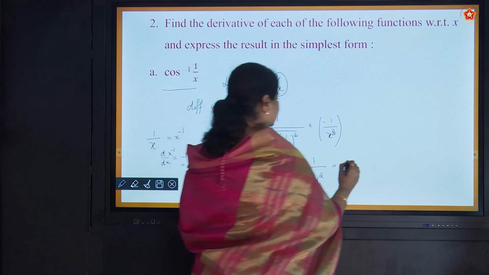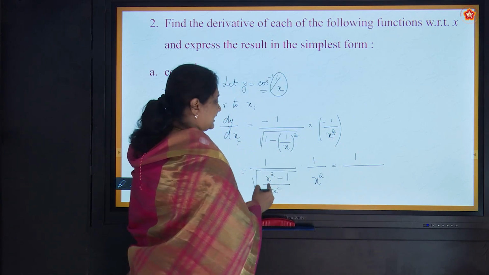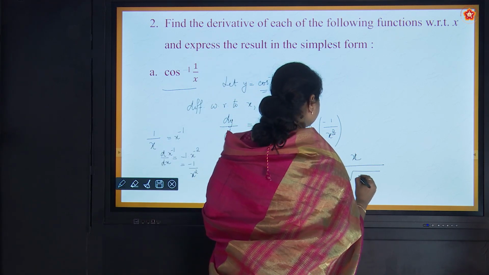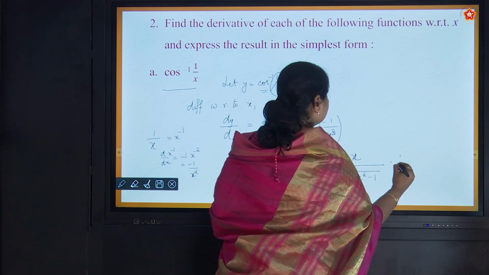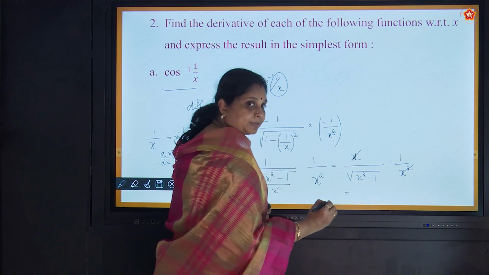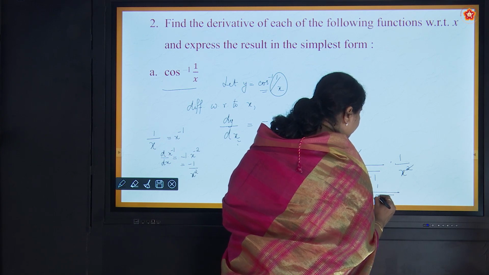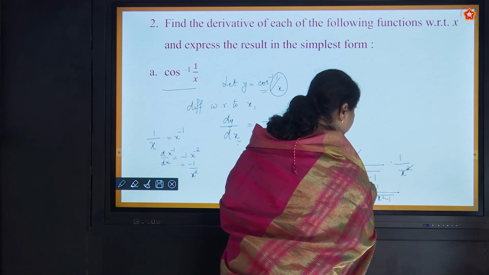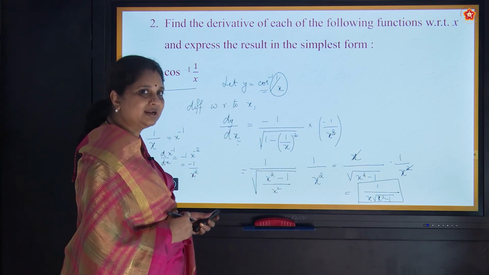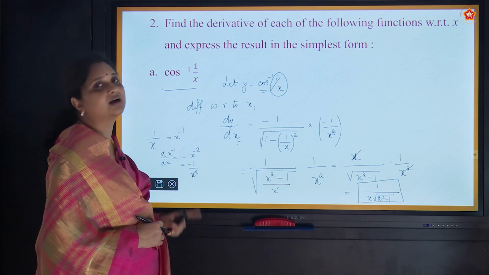Now this x square comes out of the root as x, so it goes to the numerator. So it becomes x by root of x square minus 1, into 1 by x square. Now I cancel one x square, one x out. So how do I rewrite it? Always the monomial first and then the binomial term inside the root. So this is my final solution. I hope you all understand. Please go step by step so that you don't get confused and you arrive at the right answer.